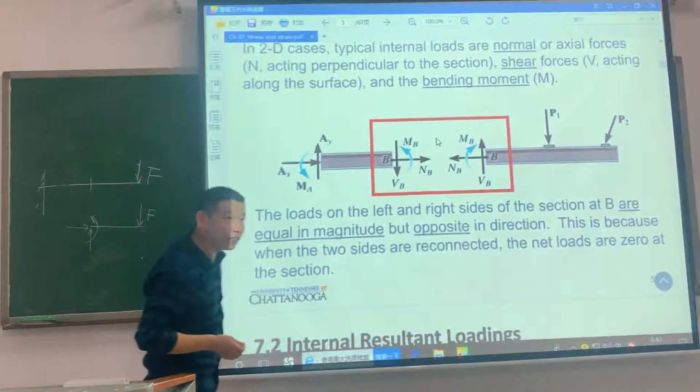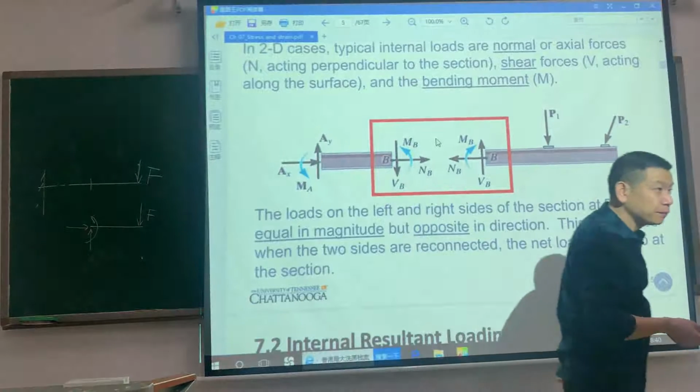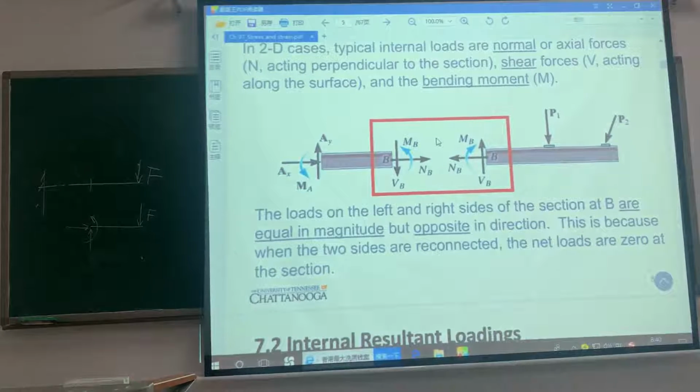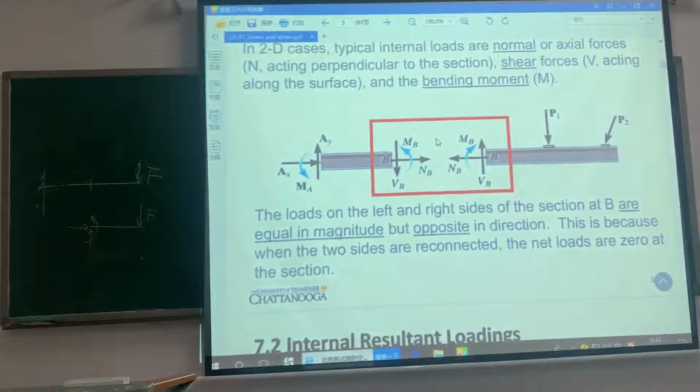What is the fixed end? Do you know the fixed end? You forgot it completely. I introduced it yesterday. No, you, fixed end. Fixed end.